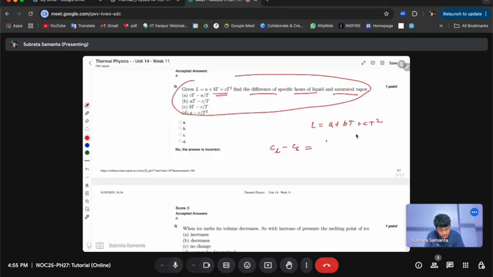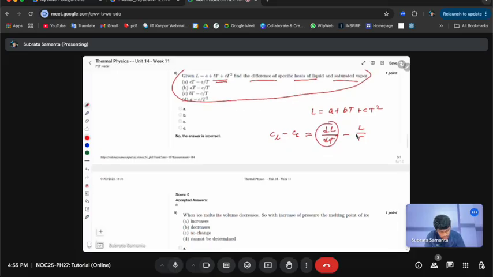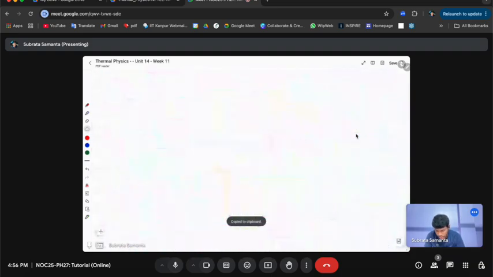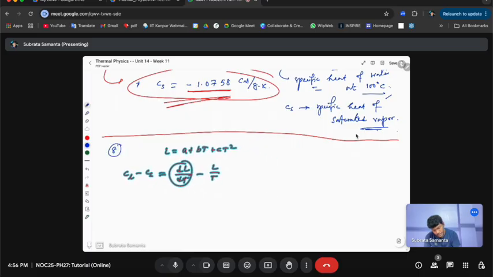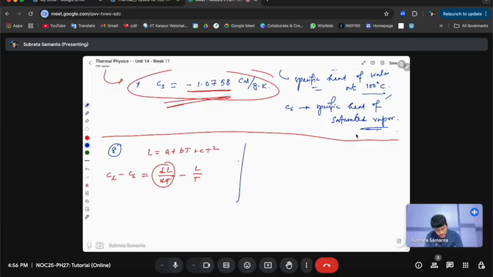This is basically dL/dT minus L over T. Now L is given, so first compute dL/dT. Taking the derivative with respect to T, dL/dT is B plus 2CT.